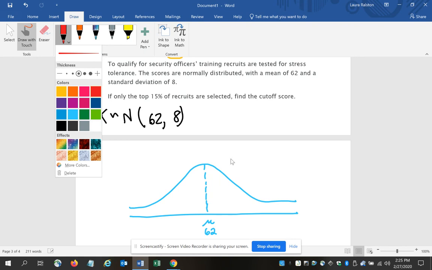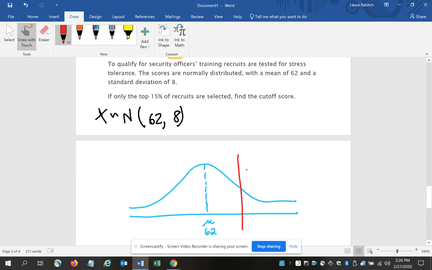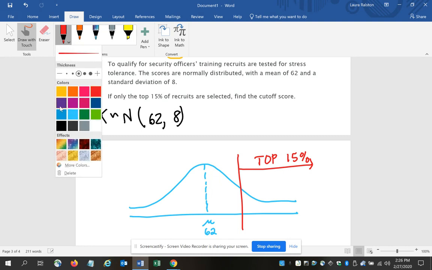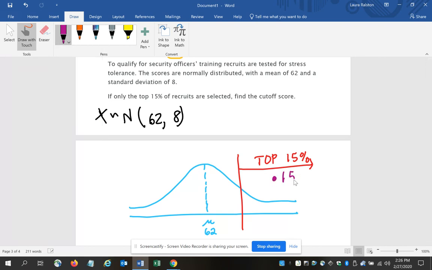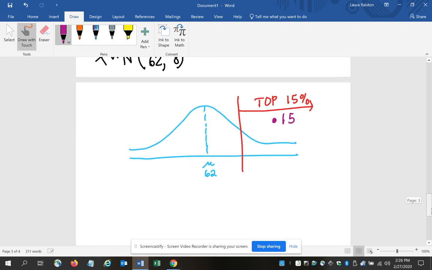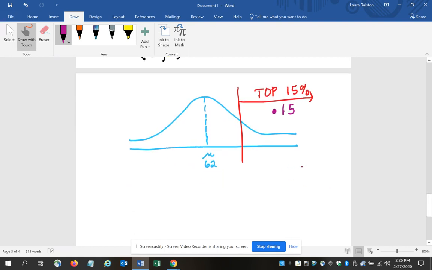So again, thinking about it being at the top, that's the high end. It's going to be somewhere over here. And so the top 15% would be the ones that get selected. Again, remember, you have to convert your percentage to a decimal. So you divide 15 by 100, which would give me 0.15.